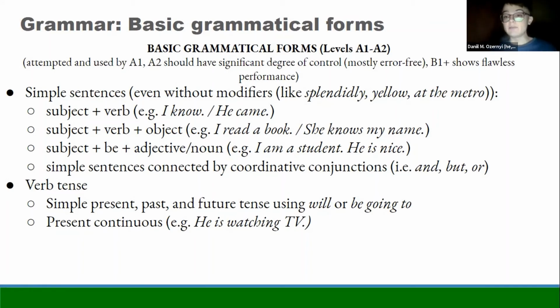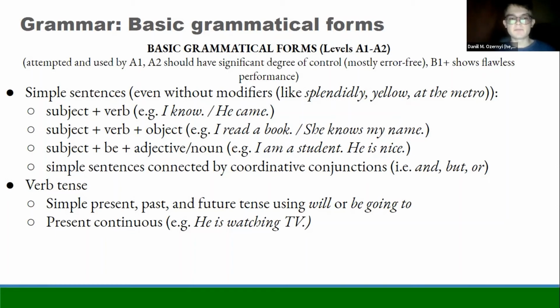It's like I am a student, but I am a bad one. I am a student and I am a scholar. Very simple, bare bones structures. If you recollect from vocabulary, we talked about levels, and conjoining two things was precisely the A1 level. So conjoining these two things is again for A1 here.